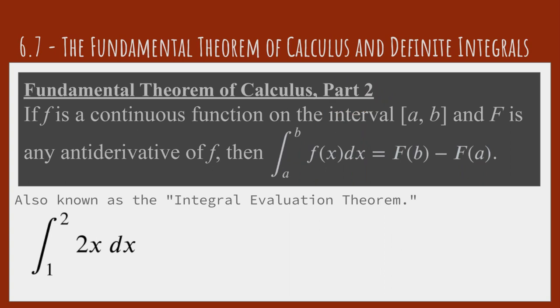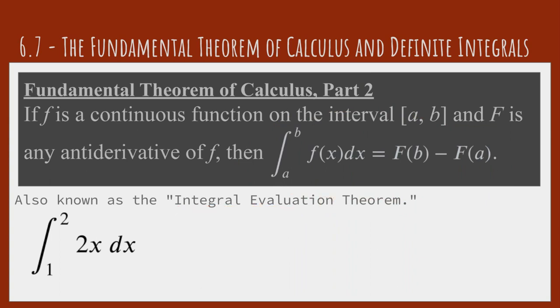So I'm going to call them part 1 and part 2, but understand they're both the same thing, just written in different forms. This process gives us a way to evaluate definite integrals. In fact, this is also sometimes known as the integral evaluation theorem, because it gives us a method for evaluating a definite integral.